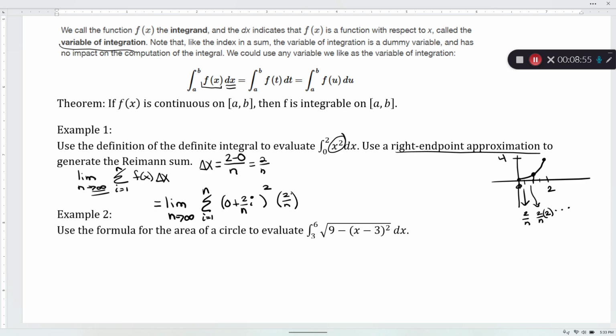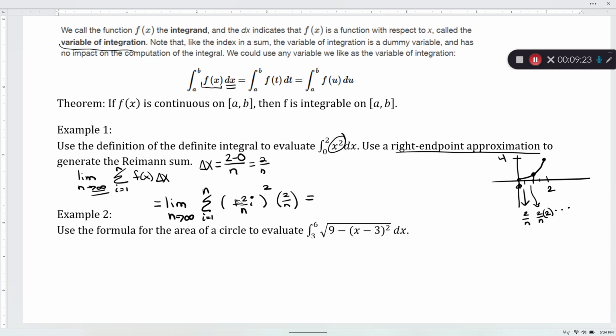Okay? Now, ultimately, I need to evaluate this. And this is where it gets tricky. The setup is tricky, and then doing this limit business gets tricky as well. So here's what we're going to look at. We learned in the previous section, and go back and look at it if you forgot, that we can manipulate things, and we learned some summation rules. I don't need the 0 there, so I took it off.